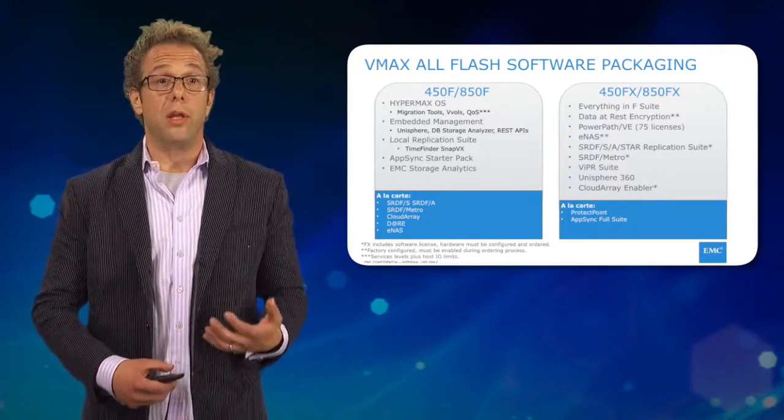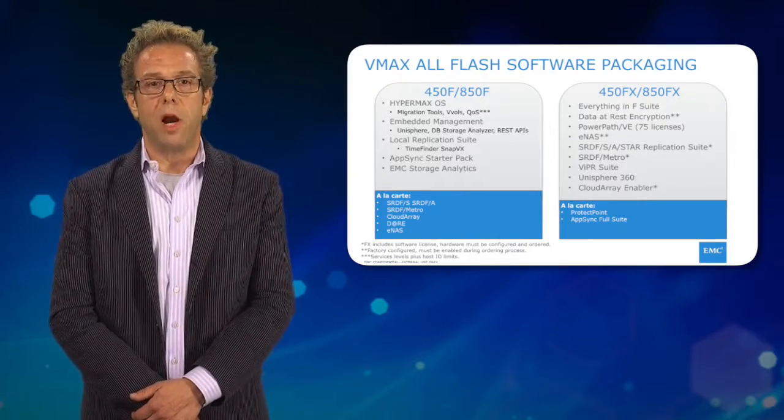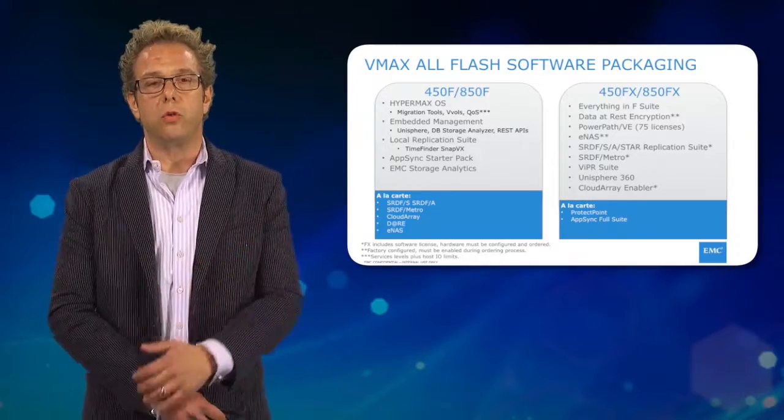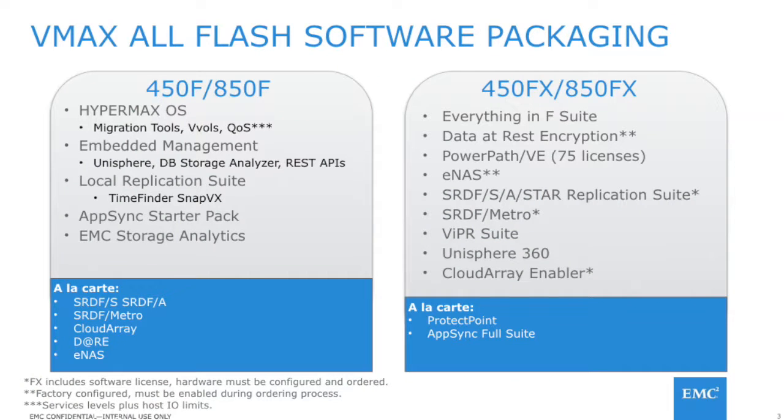We also have storage analytics, which are key capabilities to be able to plug in to virtual server environments and provide end-to-end visibility from those VMware or virtual server-based tools. From the F package, users have the ability to add additional software functionality a la carte. So things like SRDF and eNAS and DARE can be added to the F.